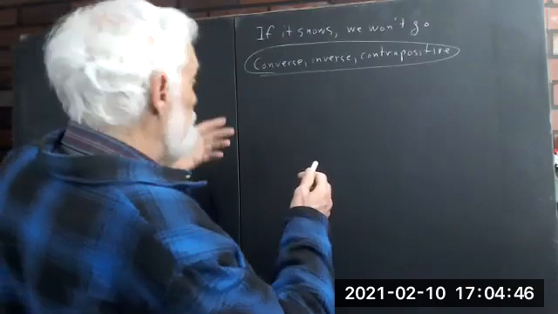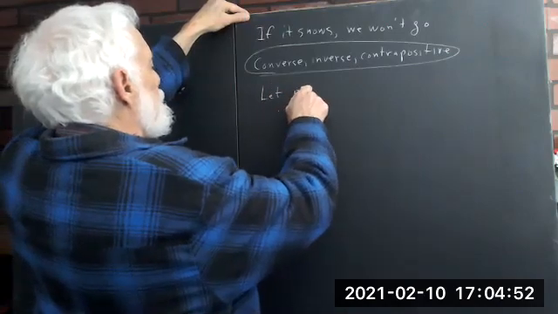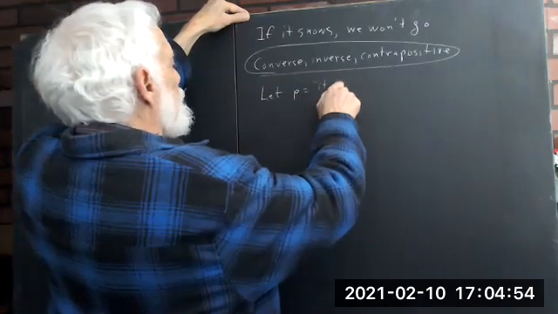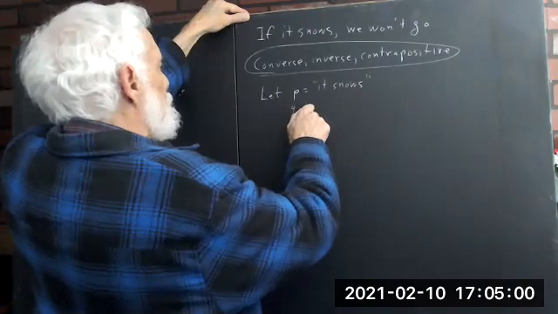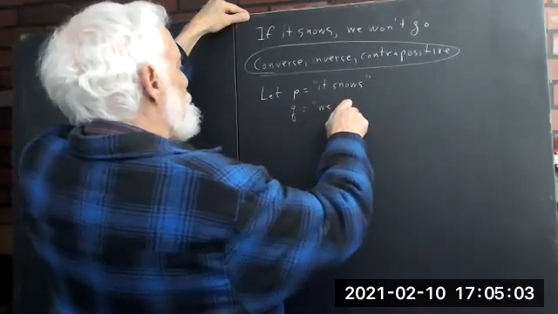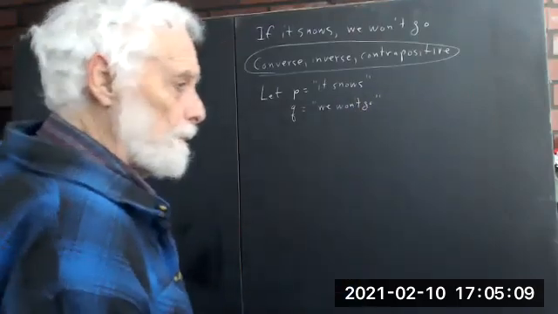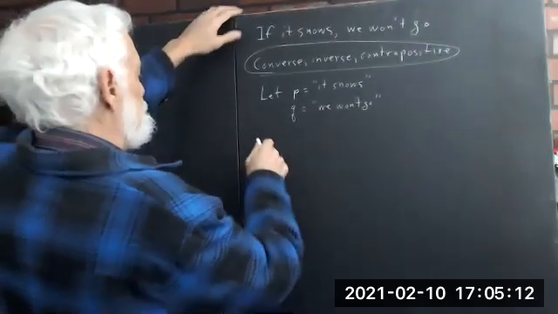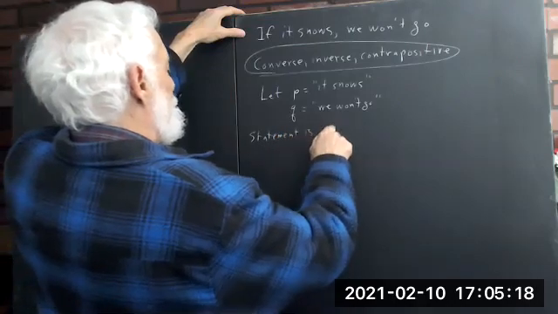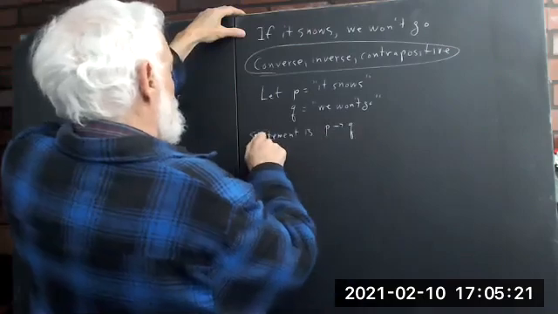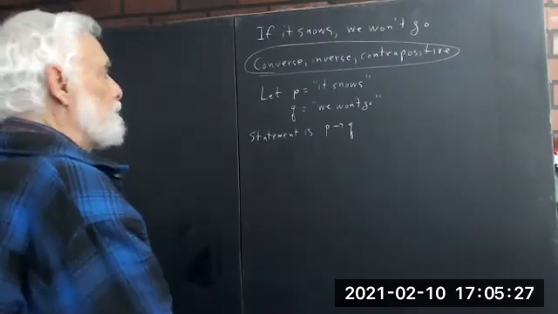Okay, well, the first thing we need to do is let P equal it snows, Q equals we won't go. Then we can write the statement, which is symbolized like this. Okay, well, let's see.